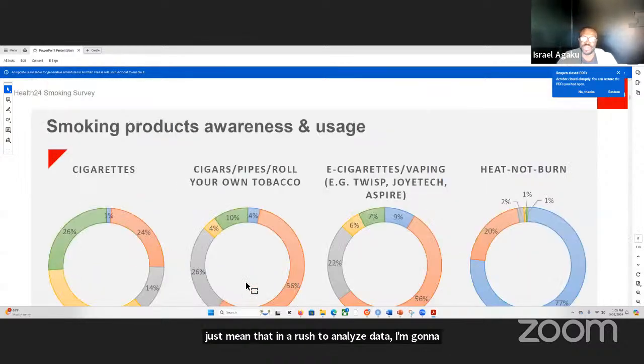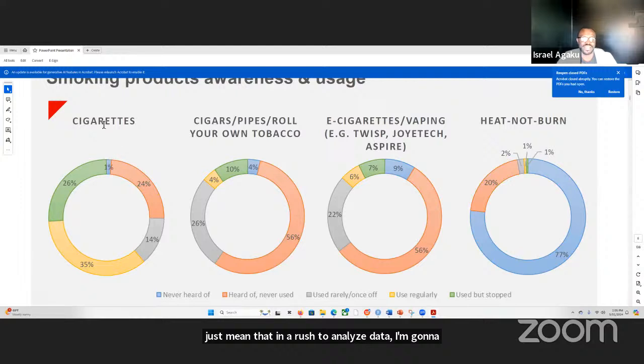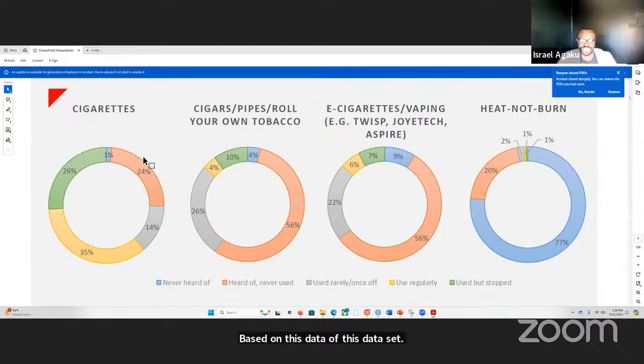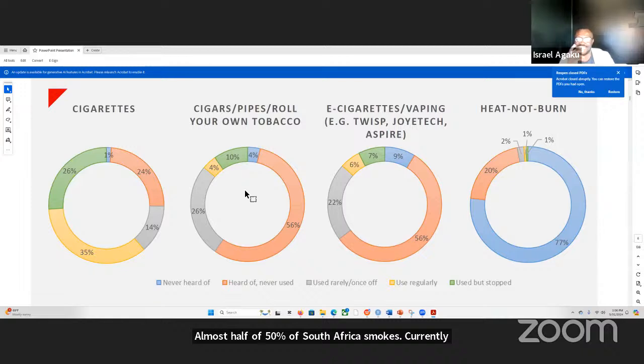So here we're looking at the data and we're like, okay, based on this data set, what is the prevalence of smoking? You can see that according to this data set, almost 50% of South Africa smokes currently, either rarely or regularly. That doesn't make any sense. A prevalence of 50%, that's Greece.